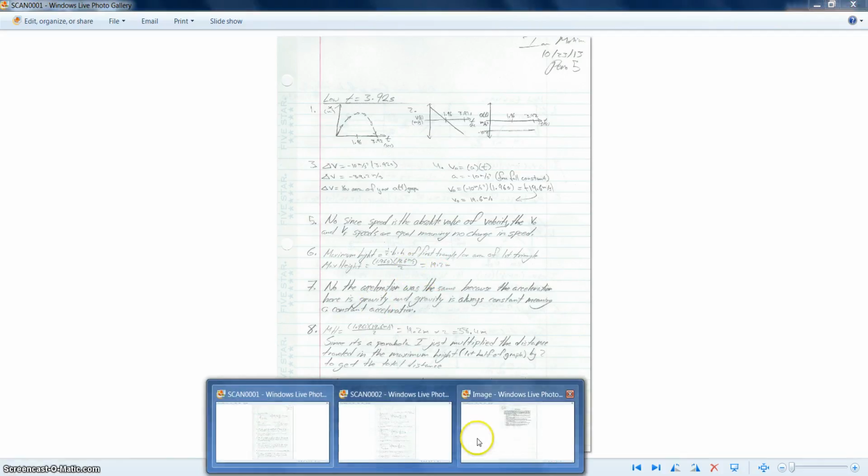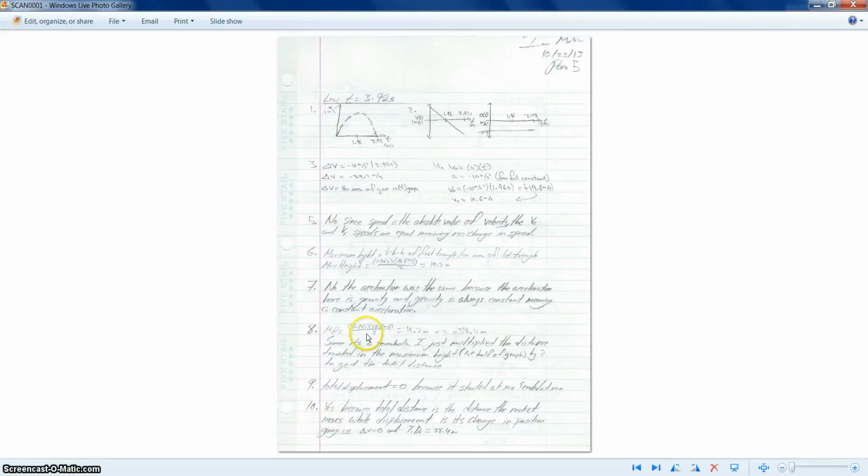Number 7 asks, was the acceleration different when the rocket reached maximum height? Explain your reasoning. No. The acceleration is constant even when we reach our maximum height, simply because our acceleration here is the free fall constant, or gravity. And gravity, no matter what, is always constant everywhere on everything.